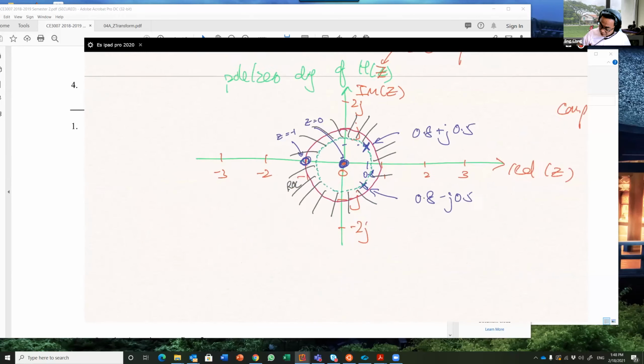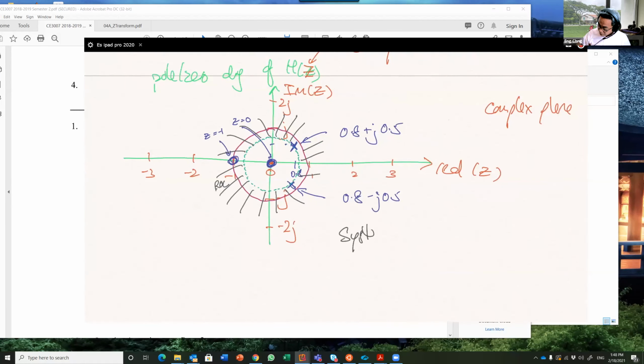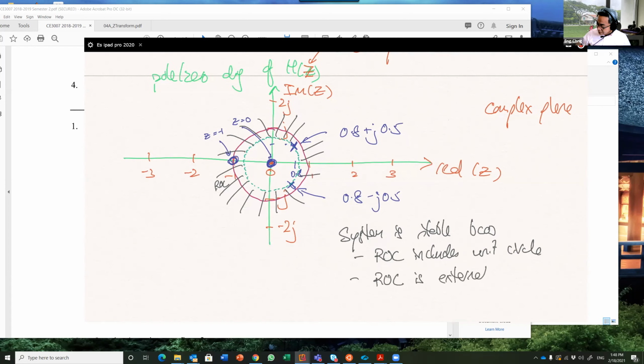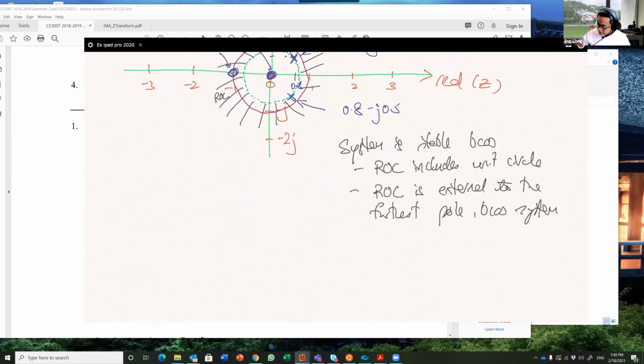And then we say that the system is stable. Why? Because the ROC includes the unit circle. So if you want to be very pedantic, ROC is external to the furthest pole, because the system is causal.